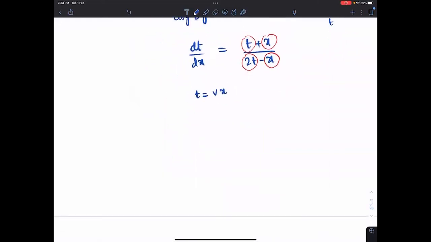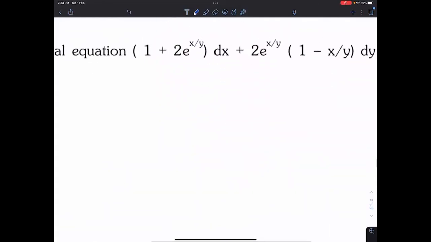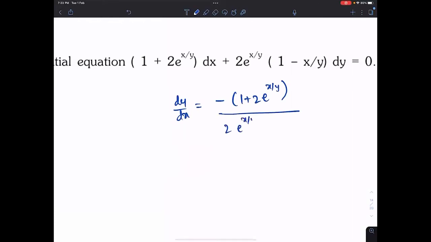Now, for example, if I take this one, your dy by dx is equal to minus of (1 + 2e^(x/y)) by (2e^(x/y)(1 - x/y)). Correct?